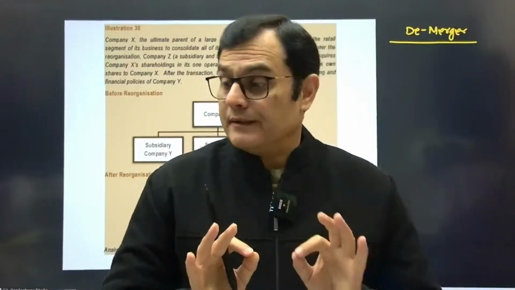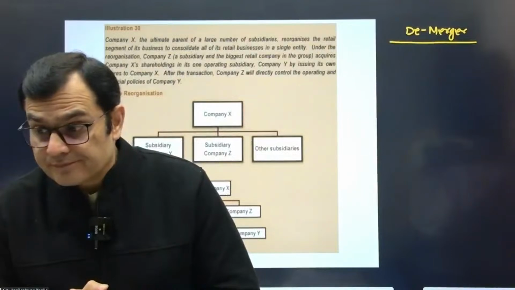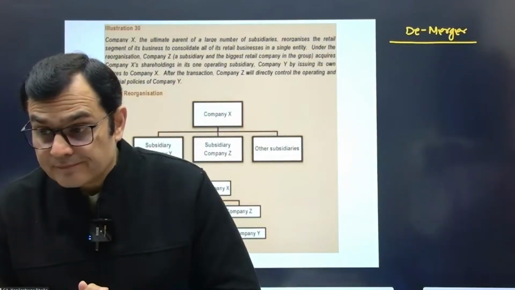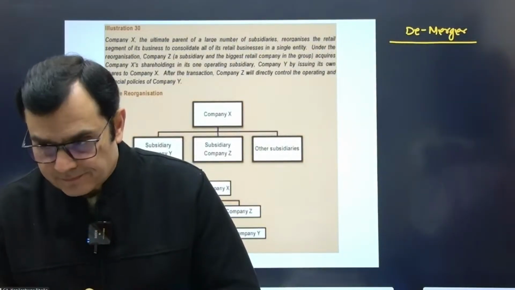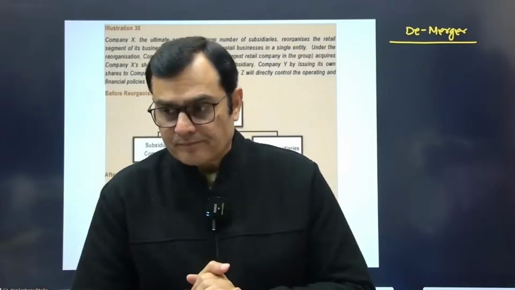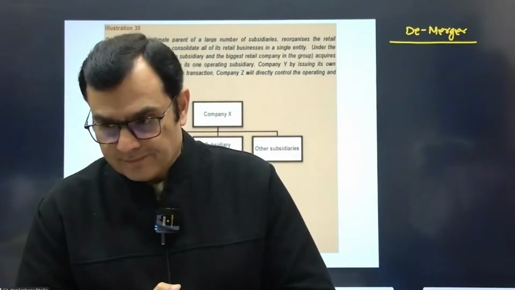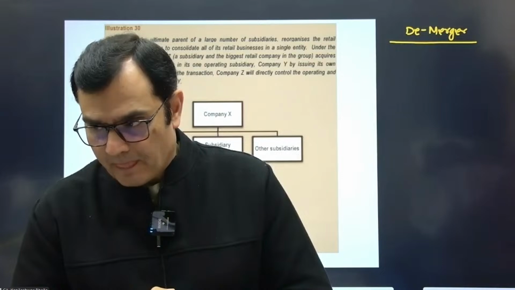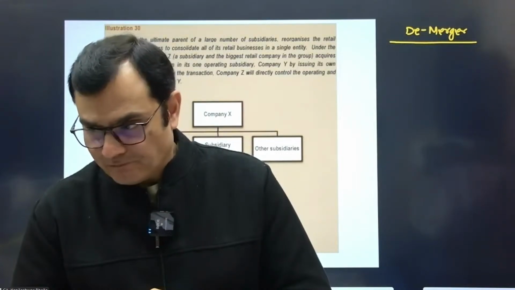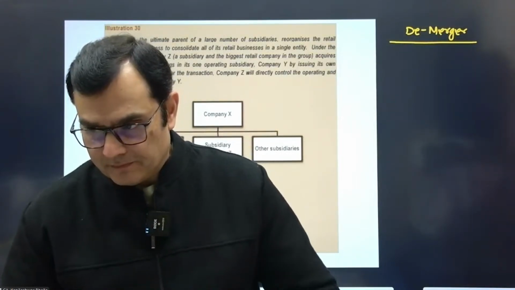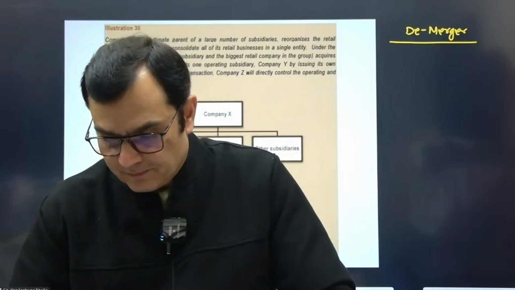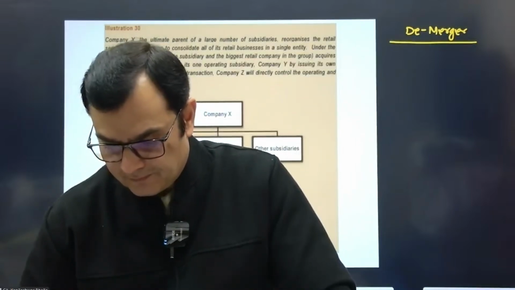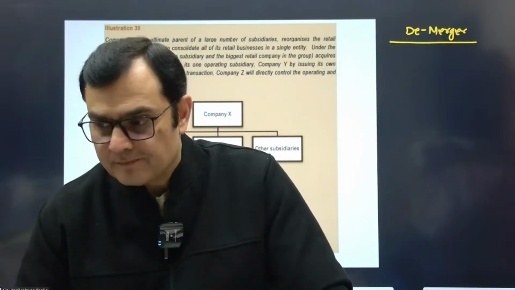Excuse me, sir, in the reverse acquisition related query, we have solved two questions. First one is related to A and B Limited, and the second one is AX and BX. In the first, when you explained the consolidated balance sheet, you told us three points.